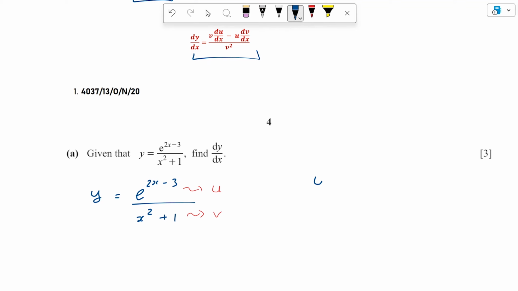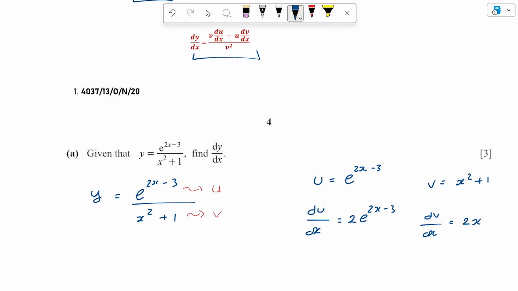So u is equal to e raised to the 2x minus 3. V is equal to x squared plus 1. Now we need to differentiate u and v. So du over dx is equal to 2e raised to the 2x minus 3. dv over dx is equal to 2x.